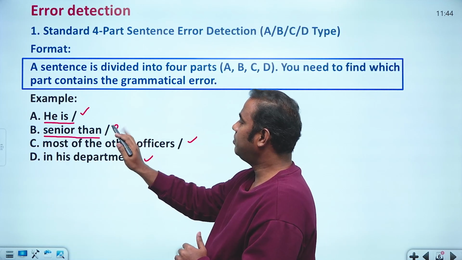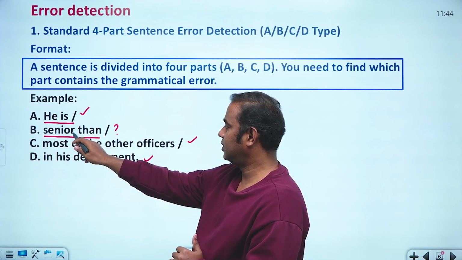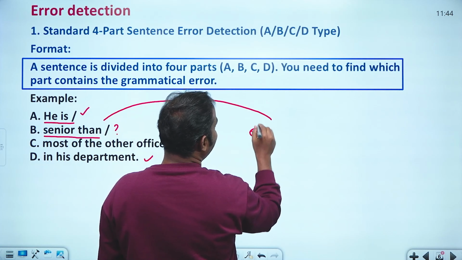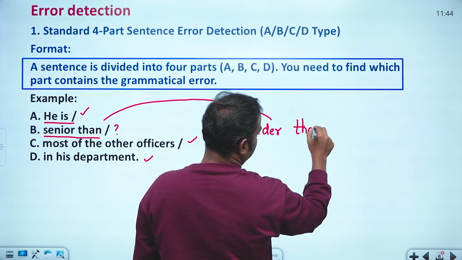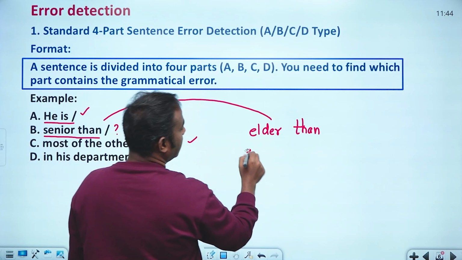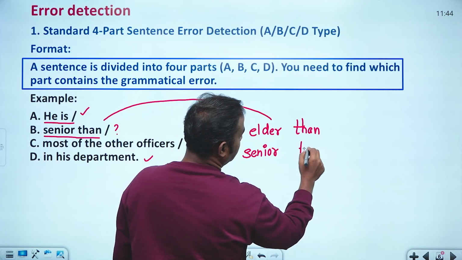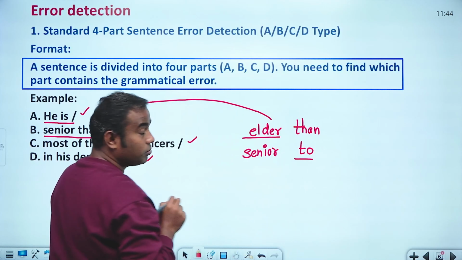The only problem here is that it should be either "senior to" or "elder than." For elder, you use than. If you are using senior, then the word should be to. So either you replace it with elder, or you use "senior to."